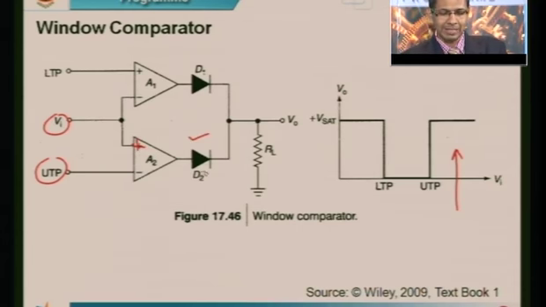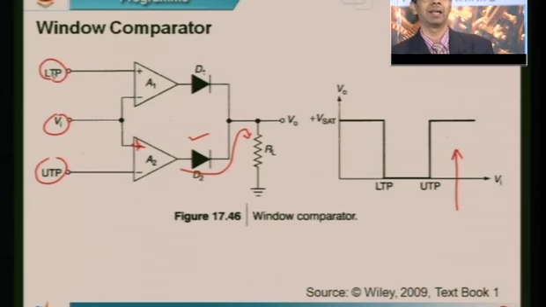If the diode conducts, the current can flow and I can have the output as Vsat, provided the other comparator is not troubling me. Let us see what happens to the other comparator on the top. In this case, Vi is greater than UTP, which means it is definitely larger than LTP. Go back to this waveform here. I am here. So my Vi is definitely greater than the lower threshold point.